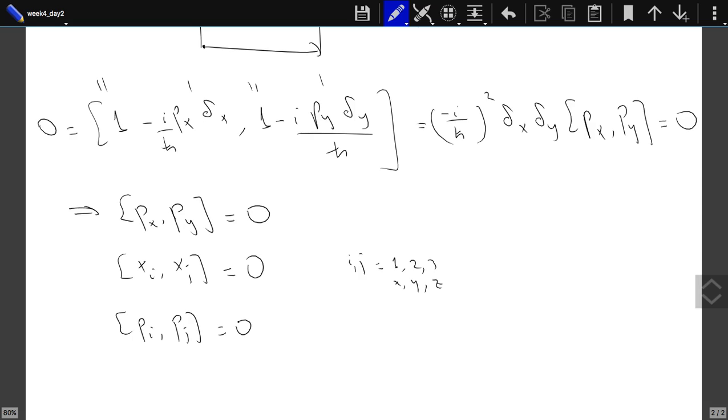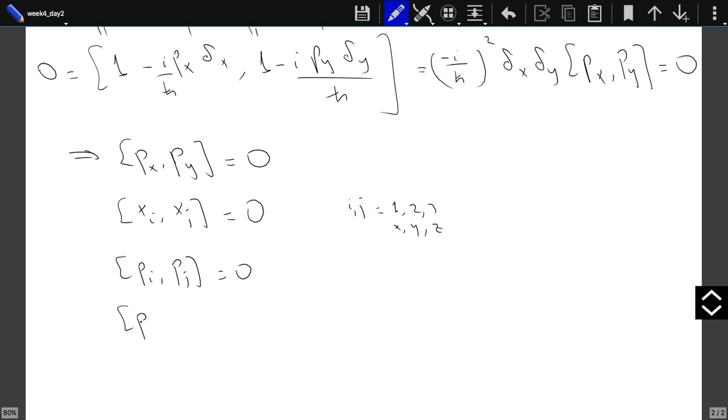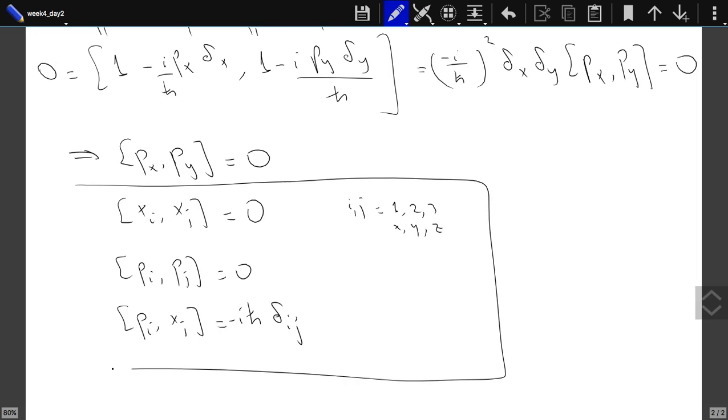Now that we will discuss when we come to the angular momentum. And xi, pj is equal to i h bar Kronecker delta ij. Yes, minus i h bar. So these are probably the most important commutation relations we will see in quantum mechanics.